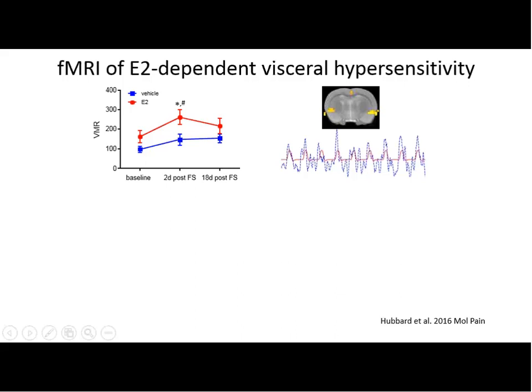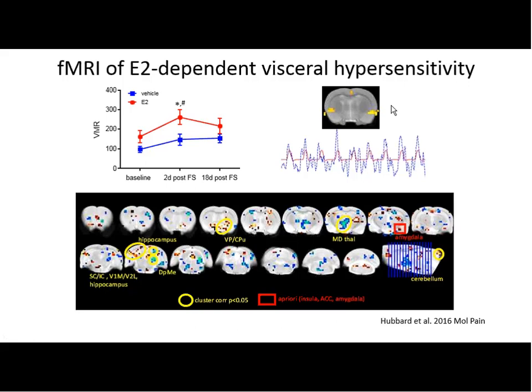We get bilateral activation of anterior and mid-cingulate areas, which is typical of this type of stimulation. If we do a model that maximizes the difference based on these behavioral differences, the regions that come out are quite interesting.